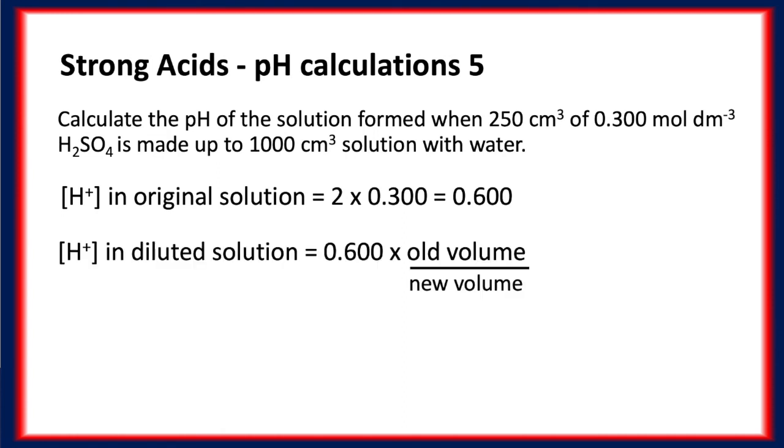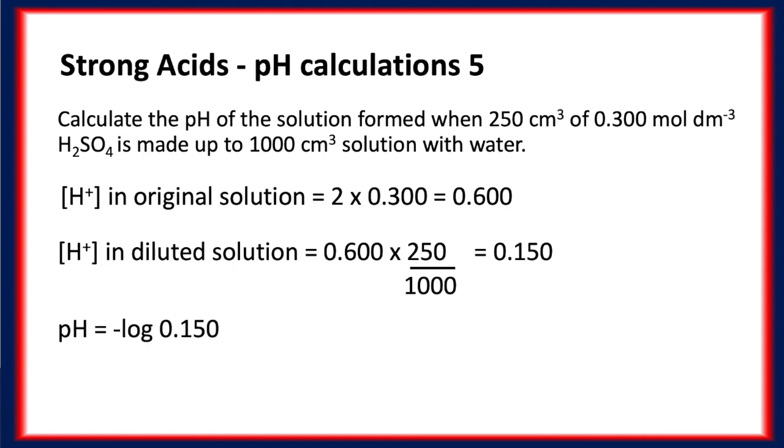Then we do the same of multiplying by the old volume and dividing by the new volume, and we get 0.150 for that. And then we take the minus log of that number to give us a pH of 0.82.